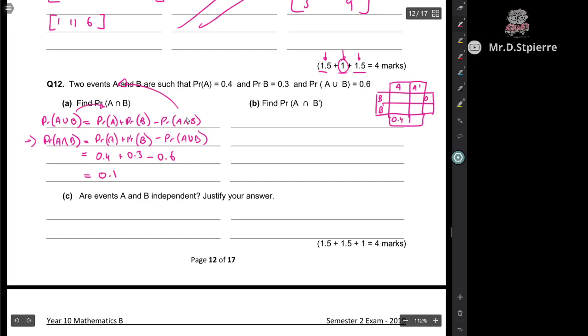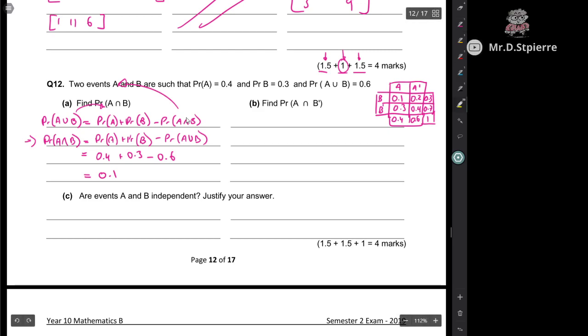Probability of B is 0.3. We found the intersect of both of them is 0.1. So we could start filling in the rest of this table. That must be 0.2, that's 0.3, that must be 0.6, 0.7, 0.4.